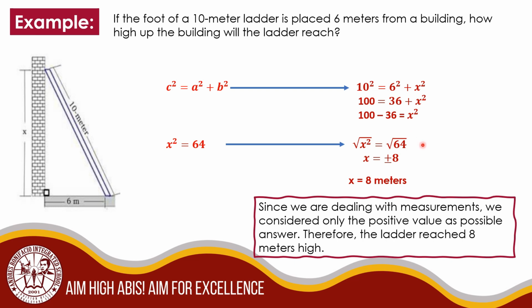Equals, square root of 64 is positive 8 and negative 8. Pero, dahil ang tinatanong dito measurements, we will use the positive value. So, X here is 8 meters. Therefore, the ladder reached 8 meters high.